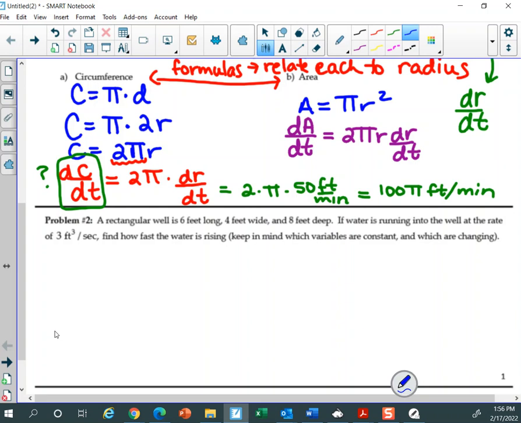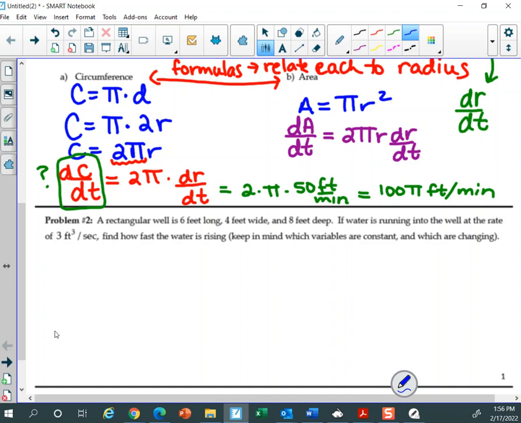This measurement is the same measurement. But if I'm calculating the volume of the water, not the volume of the tank, but the volume of the water in the tank, the more water that goes into the tank, the bigger my volume will be. Got it? Does that make sense? Okay.